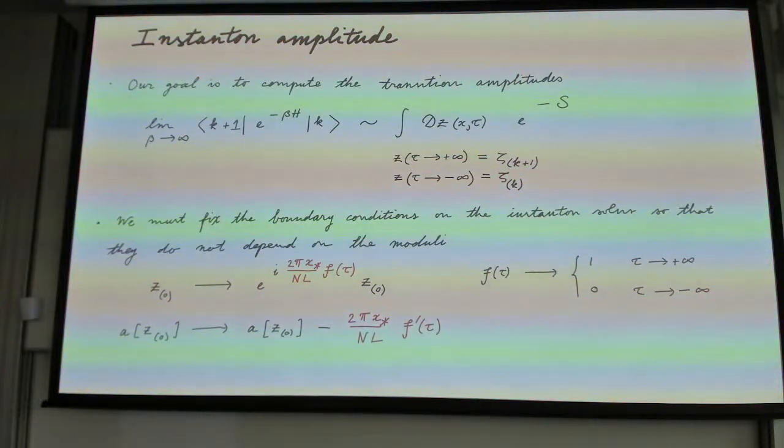Now our goal is to compute the transition amplitude between consecutive classical ground states. And if fractional instantons lift the degeneracy of these classical ground states, we should detect it by finding something non-zero for this amplitude, as we usually do, and as is the case when theta is constant.